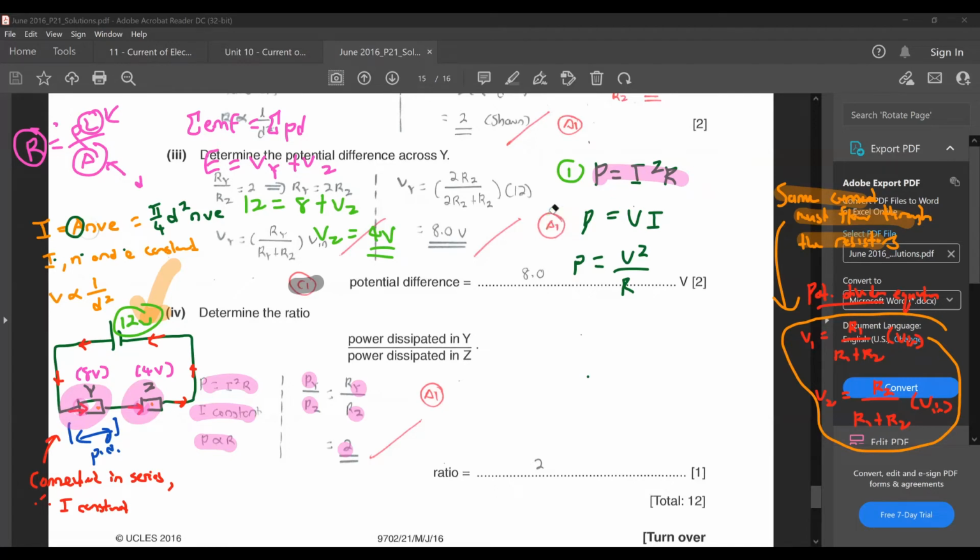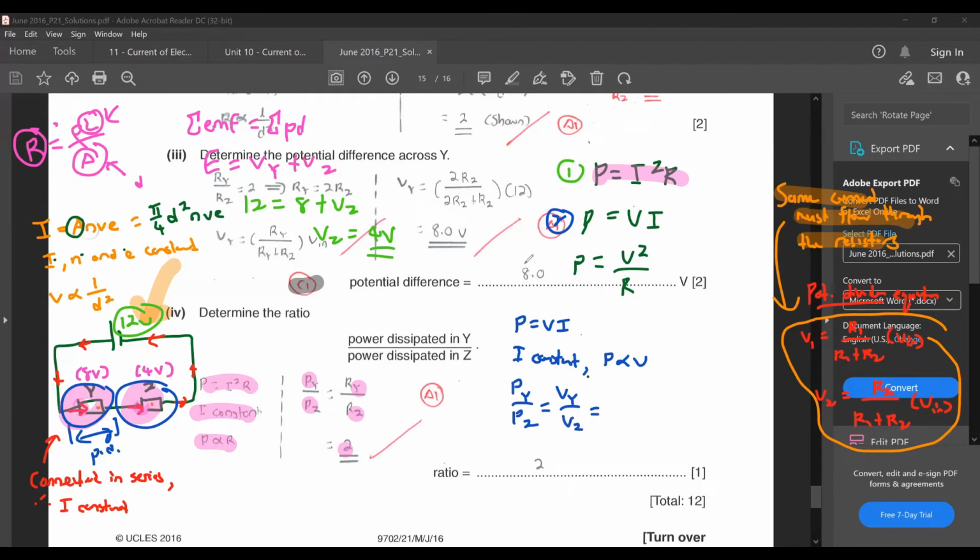Let me show you the second one. You can also use P equals VI. If I use P equals VI for these two, current will still be the same. I is constant. So P is directly proportional to V. So Py to Pz is Vy over Vz.